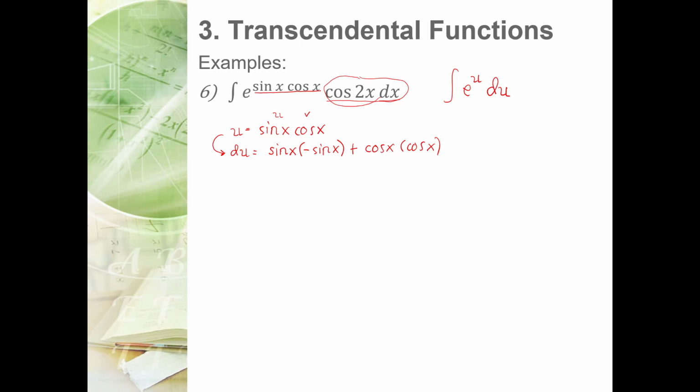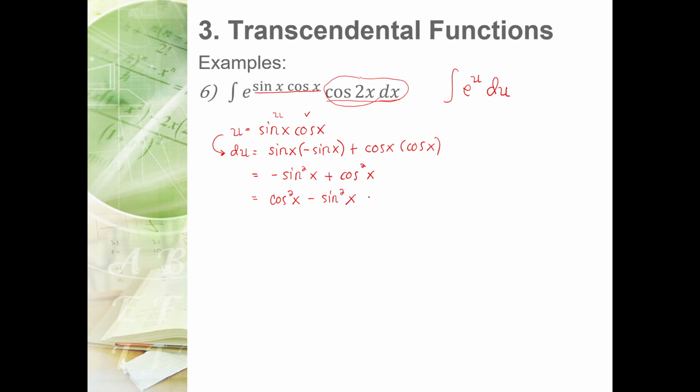Okay, so what's next? So next we have negative sine squared x plus cosine squared x. So by rearranging so that the negative sign is on the second term, we have cosine squared x minus sine squared x.